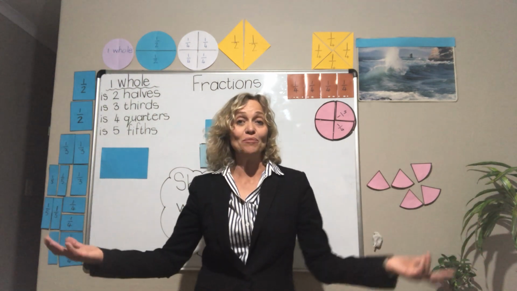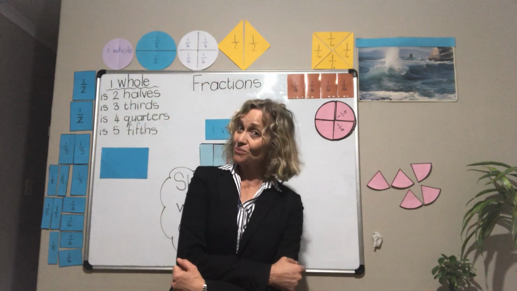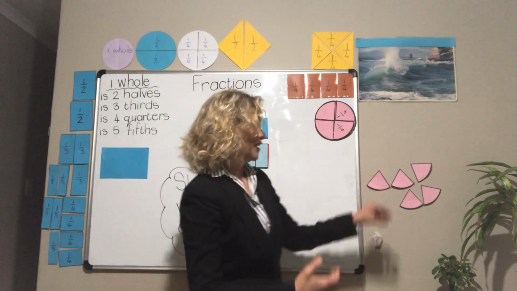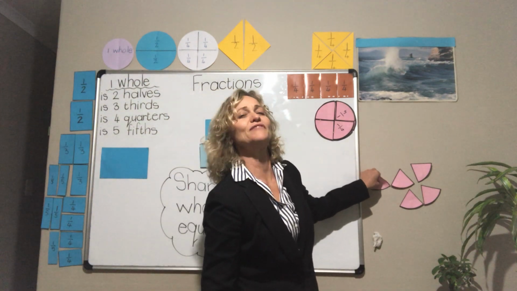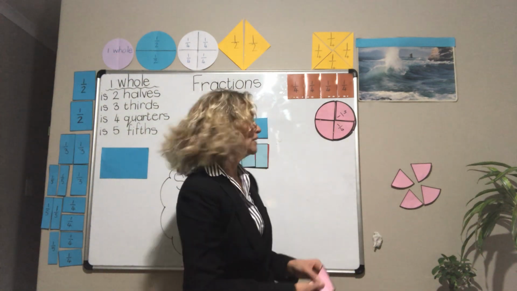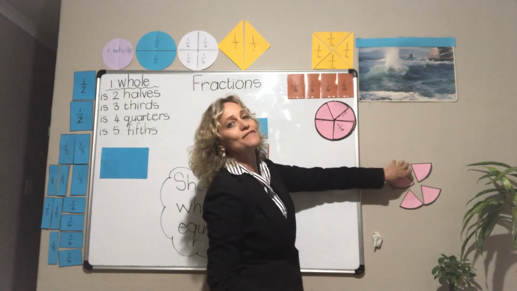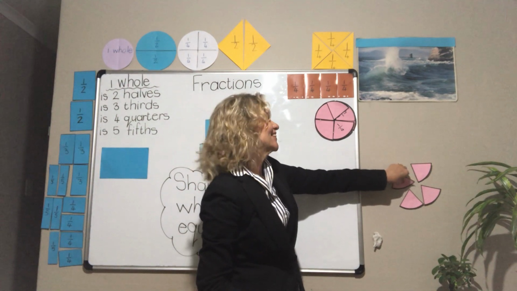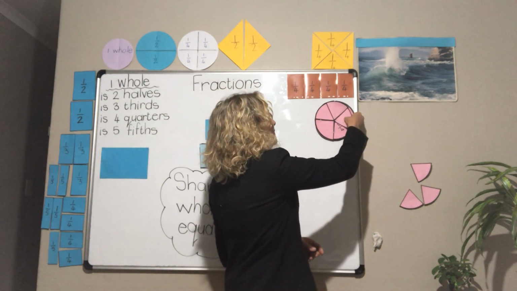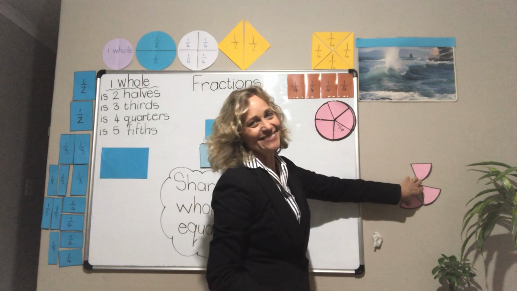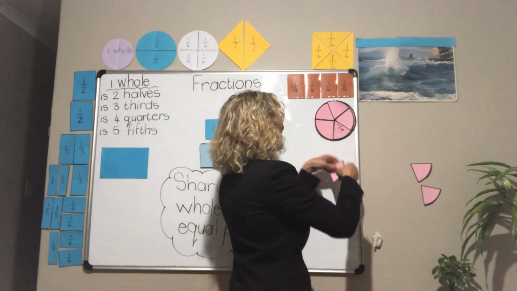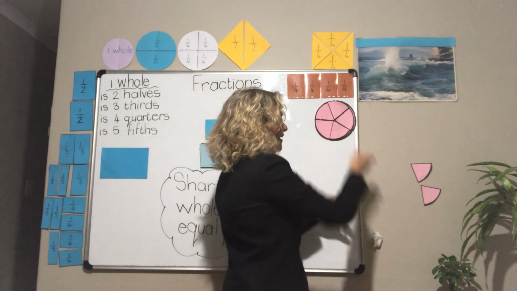Here comes the neighbor's daughter along as well. We've got to make a plan. Okay, so now finally, before we can dig into that pizza, we're making it into fifths. So let's see, 1, 2, 3.